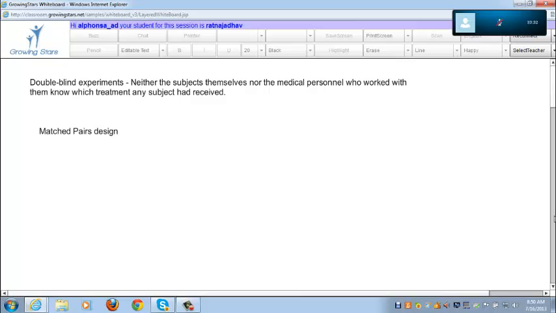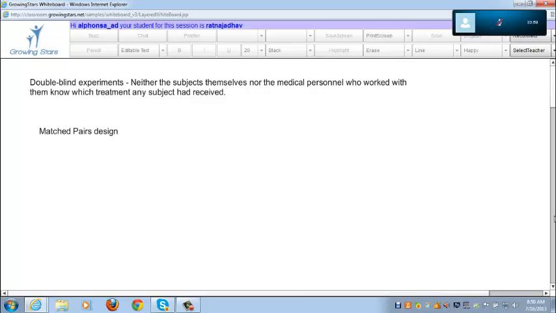Isn't that just like all of the subjects are taking the same treatment at both times anyways? Yes. If different subjects took it, we cannot compare the treatments effectively. So that's not a matched pairs design. Okay, I get it. So you're comparing the effects on the same subjects.